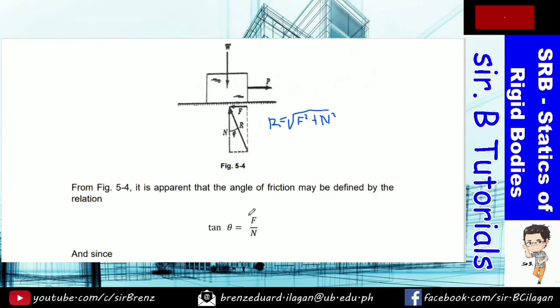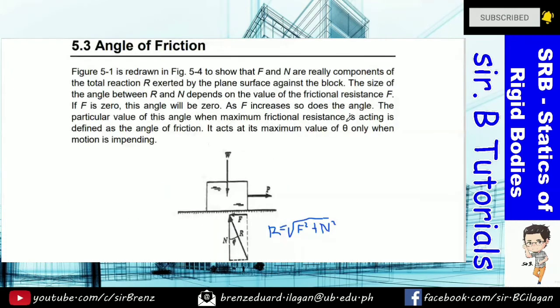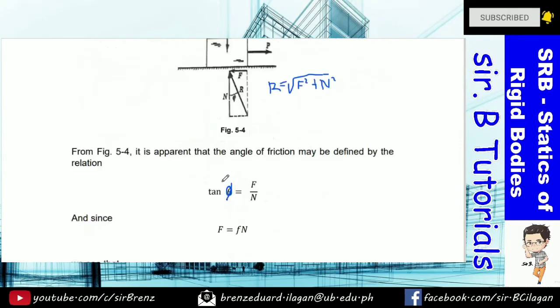So please correct this. This is phi, okay? Angle phi. And also for this one, this is not theta, this is also equal to phi. So tangent phi is equal to F over N, or opposite over adjacent.